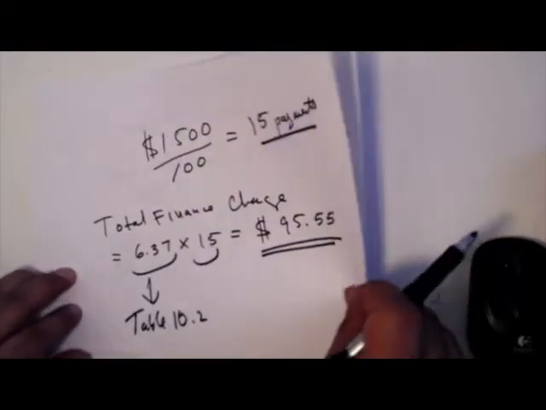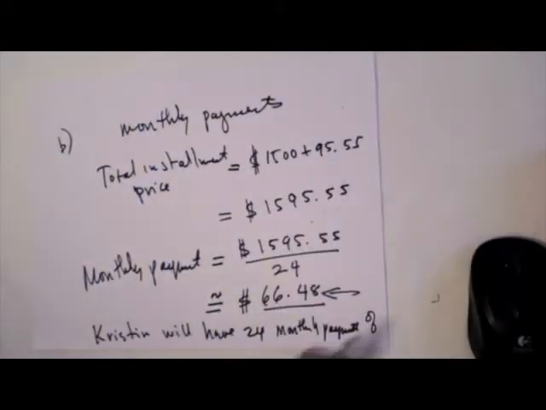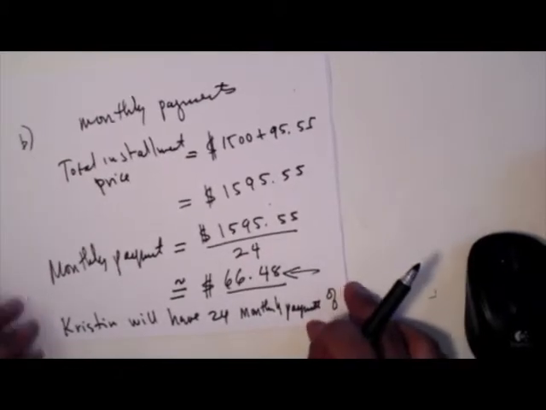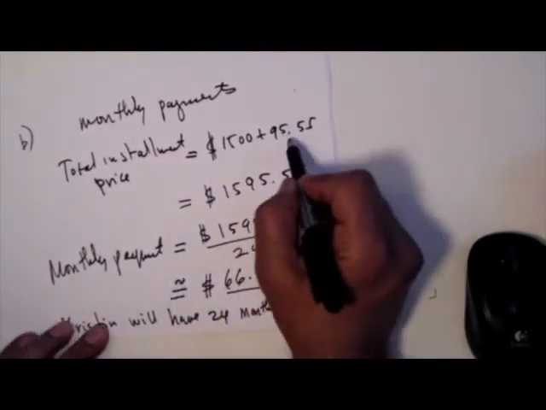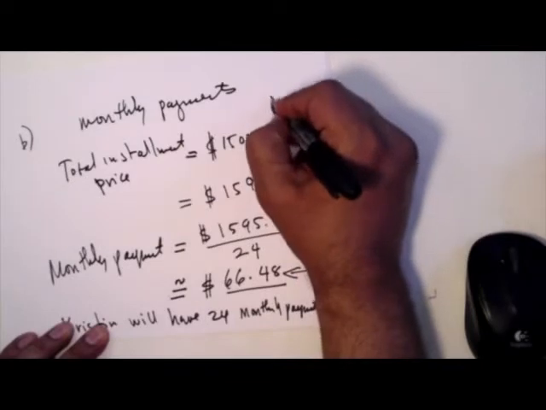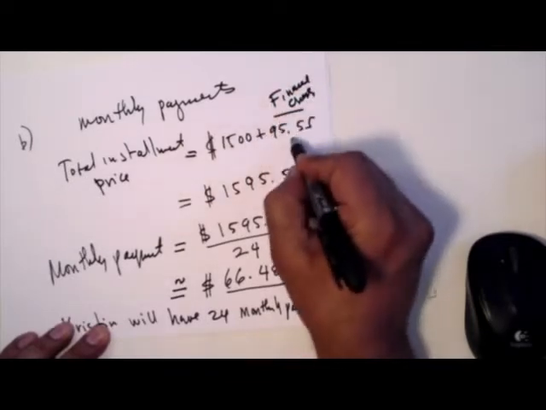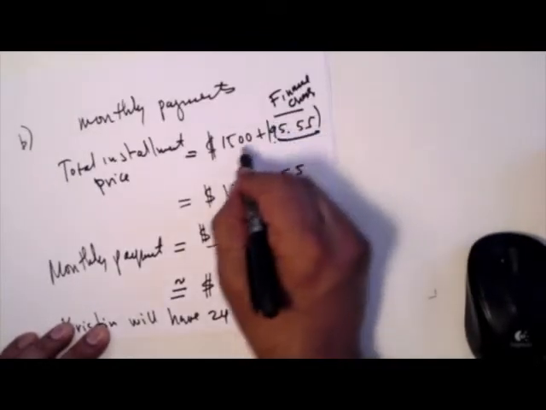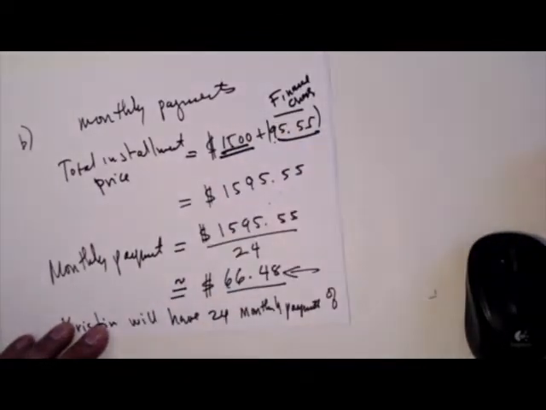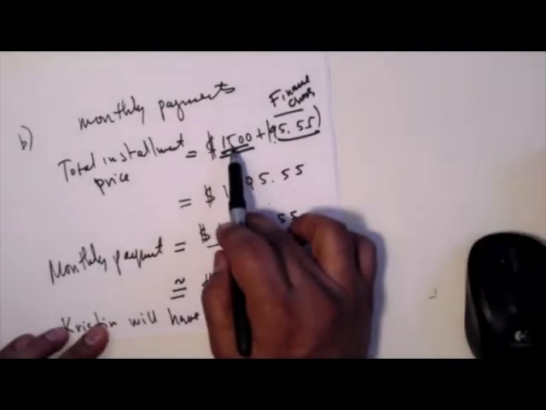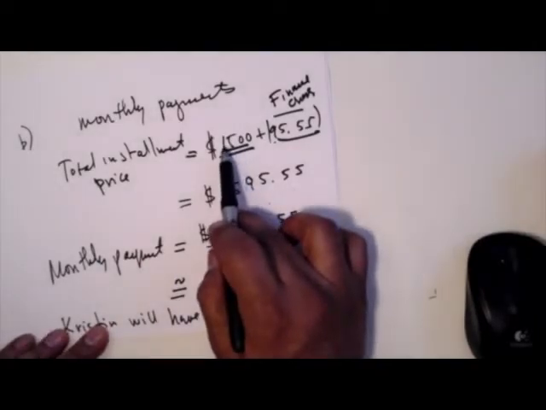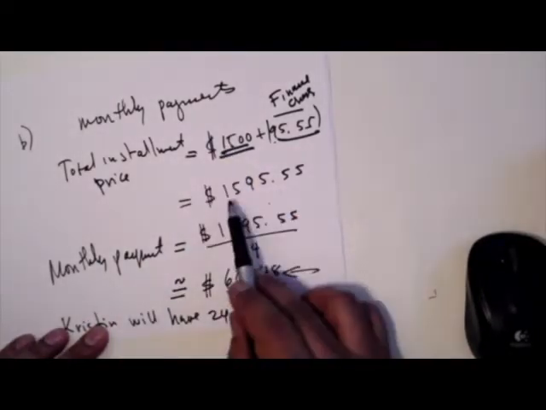Moving on. For the monthly payments, you have to add the finance charge. This is the finance charge. You add this number to the amount that the blinds cost, 1,500, so that's the total.